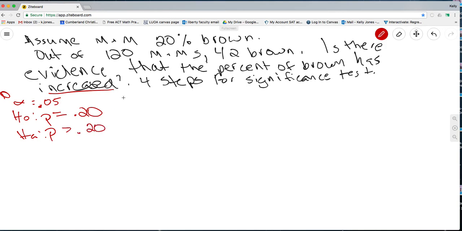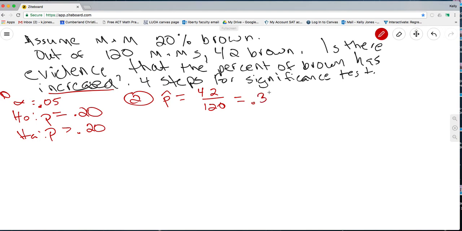So that's step 1. Step 2, we need to find the z-score, but before we do that, I need to know p-hat. So p-hat is the 42 browns that I found out of 120 M&Ms. So on our calculator, we are going to calculate what 42 divided by 120 is to get p-hat, and that's 0.35.